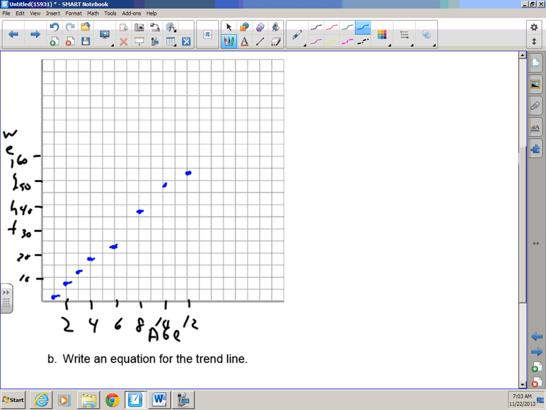Now, obviously you could see that there is a positive trend here. And what I want to come up with and write is what's called the trend line or line of best fit. Now, what ideally the line of best fit would do is go through at least 2 points, and it would have as many points on both sides, or an equal number of points on both sides of the line, as best as possible.